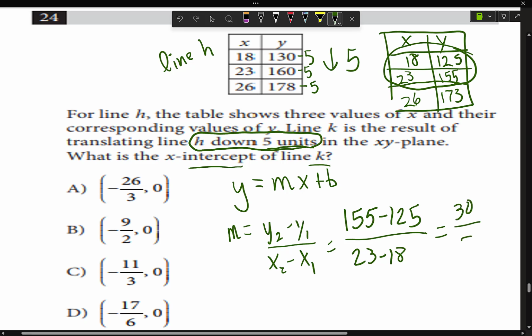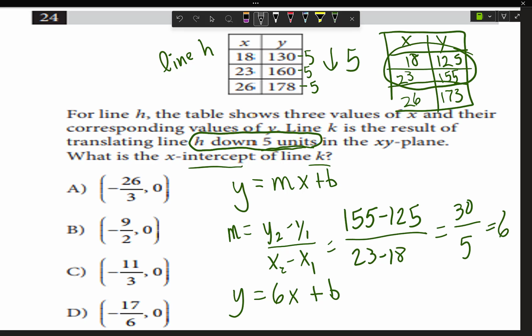So that's 30 over 5, which is positive 6. So y equals 6x plus b. But we can replace x and we can replace y with any one of these 3 points. Let's just pick the smallest numbers. Those will be the easiest to do math with.